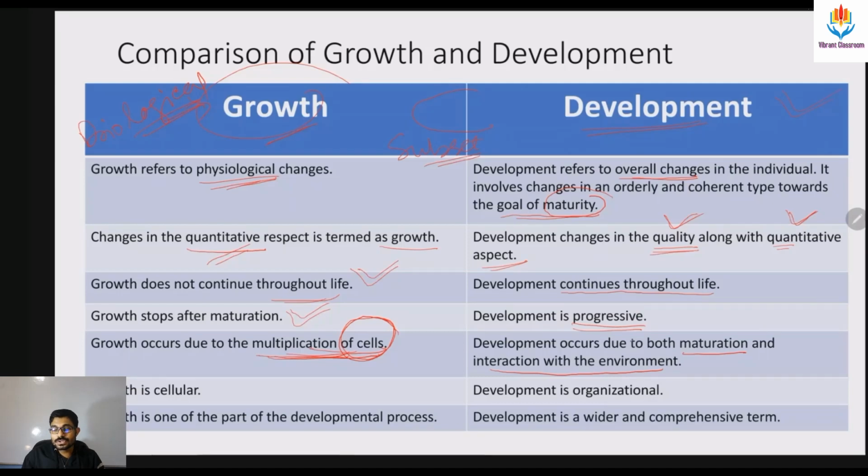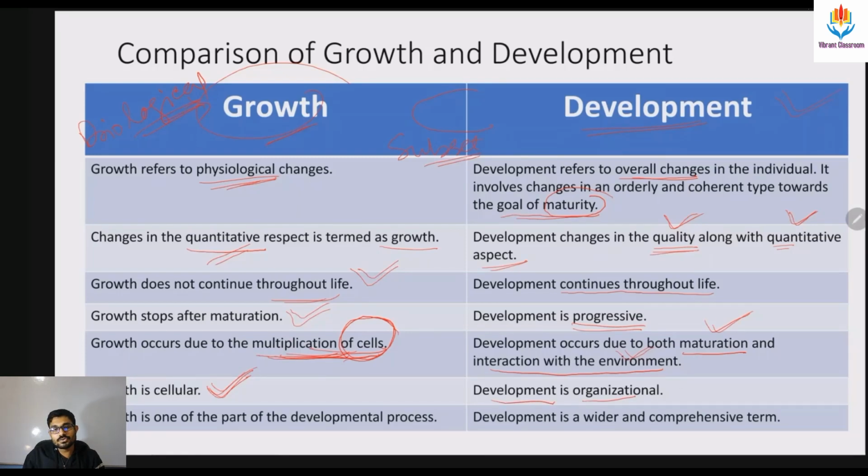Development is the process which is affected by maturation as well as the environment. The next thing is that growth is cellular. As we know, it is the concept of multiplication of cells, due to that we consider growth a cellular concept. Similarly, development is organizational.